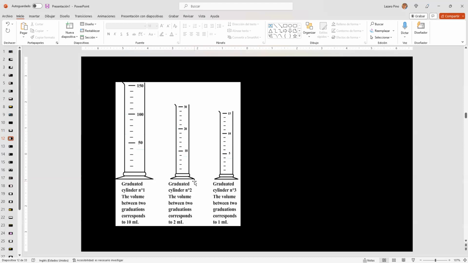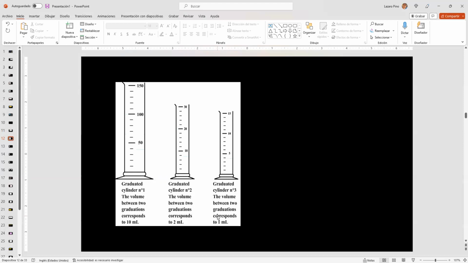But look at this. This one, every small line represents 2 milliliters. So the lowest amount that you can measure using this instrument is 2 milliliters. But in this one, in the third one, every line represents 1 milliliter.